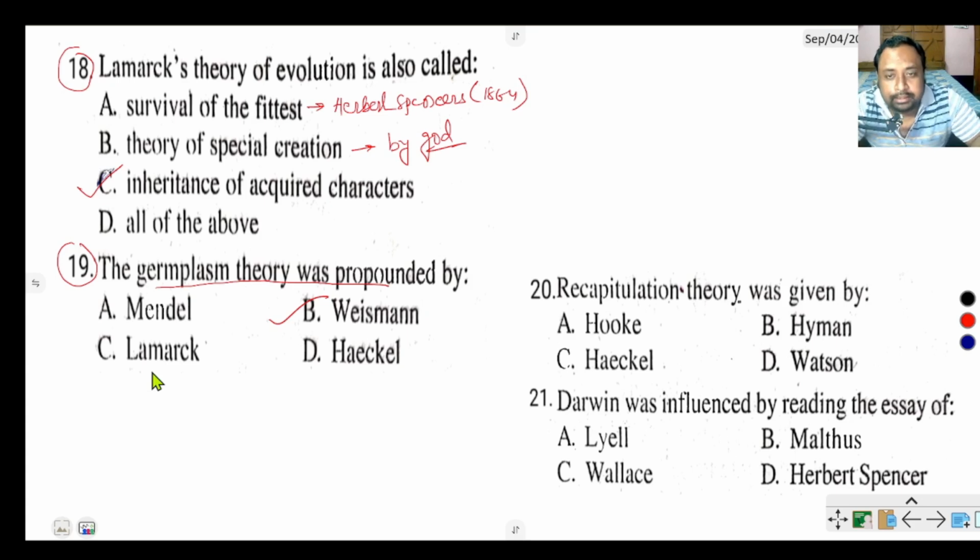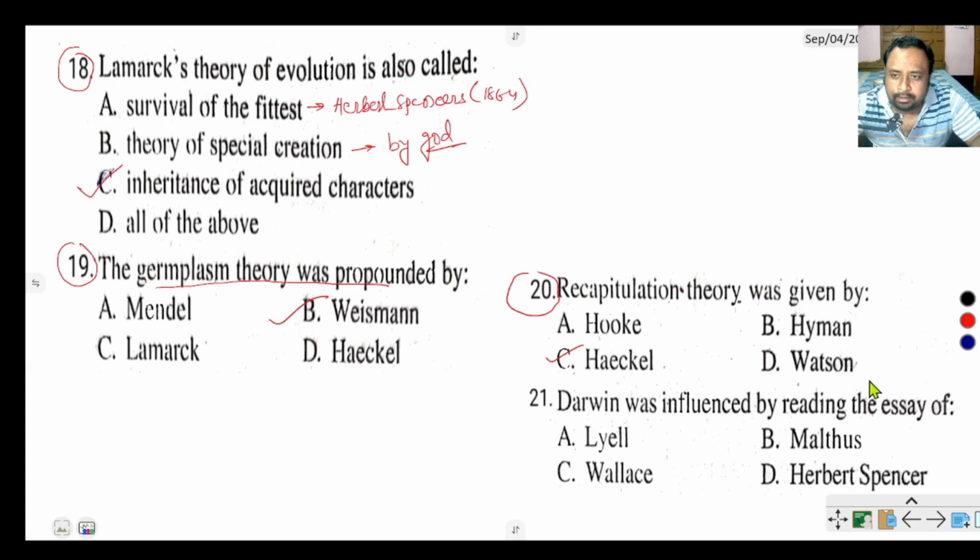In this law, he represents that the embryonic stages of all organisms are the same, but later they differ in their genetics. Question number 20 says recapitulation theory was given by Ernst Haeckel.